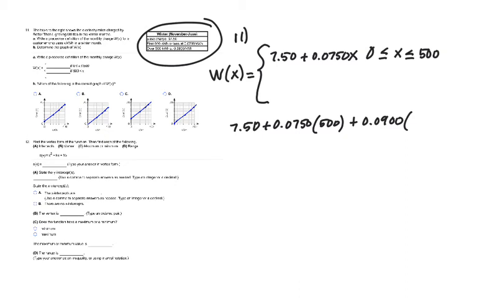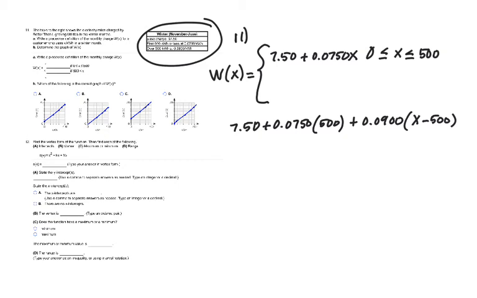Okay, so the way we express that is we'll say x minus 500, because if I have 700 kilowatt hours, then I want to pay 0.0900 for 200, so I'll have to put the 700 there to only count the 200 as 0.0900.